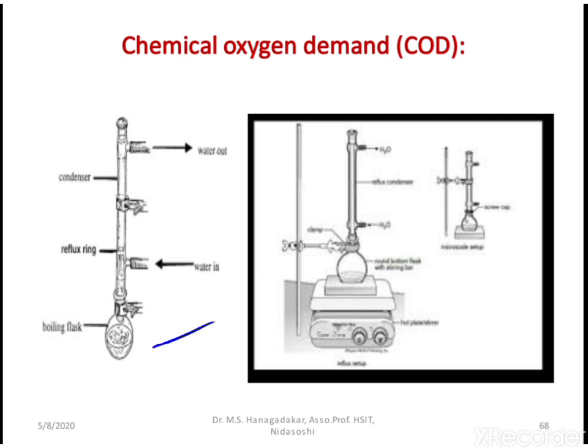Here you can see that the RB flask is fitted with a reflux condenser, where you can observe the entry for cold water and the outlet for warm water. The reflux condenser is placed over the heater, and the reaction mixture in the round bottom flask is heated continuously for 2 hours.